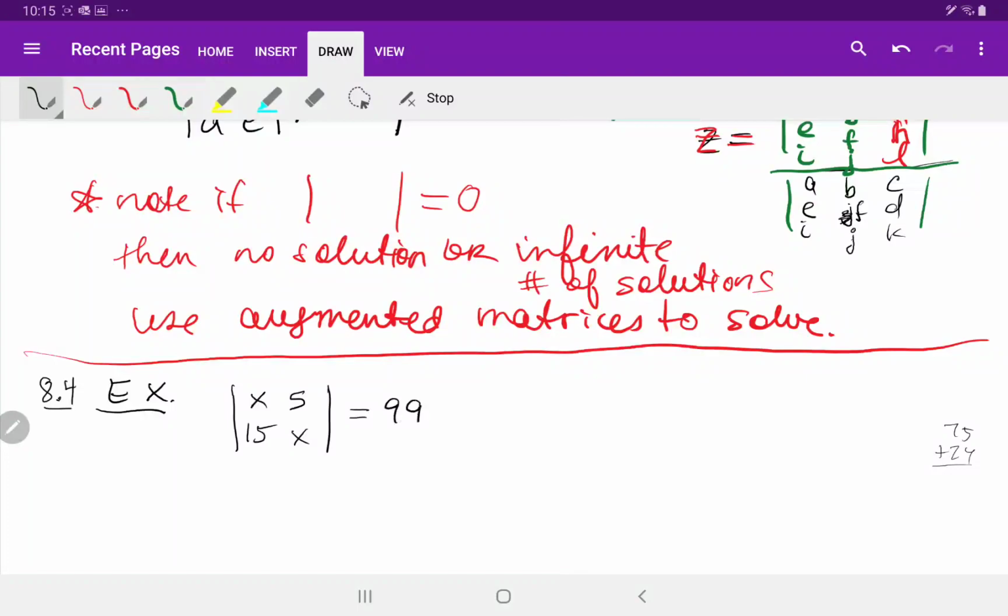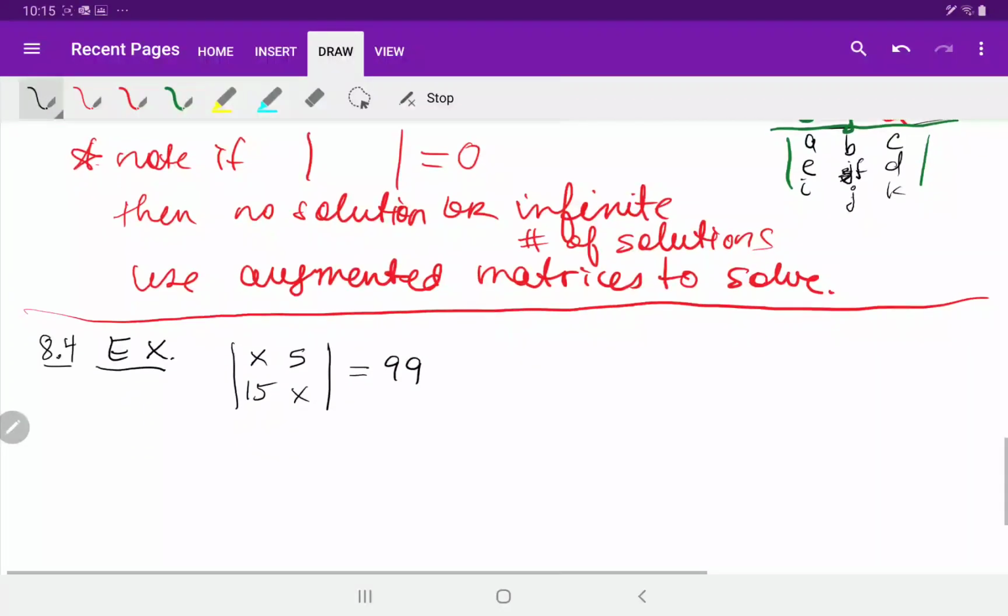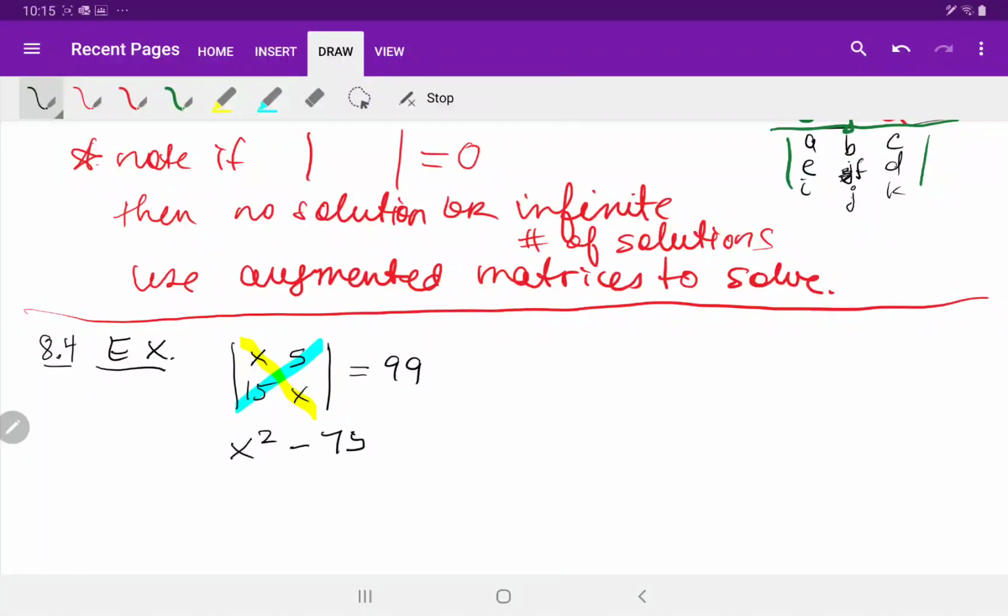We'll have this one equal 99. So how do you solve this? What do you think? So what do the bars mean? Down minus up, right? So down minus up, downs are multiplied. Minus up, ups are multiplied.